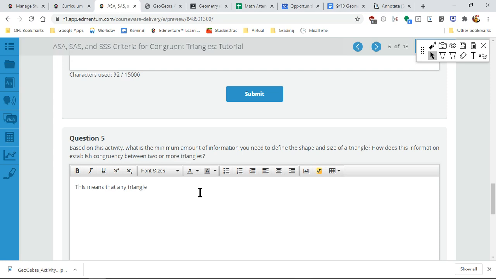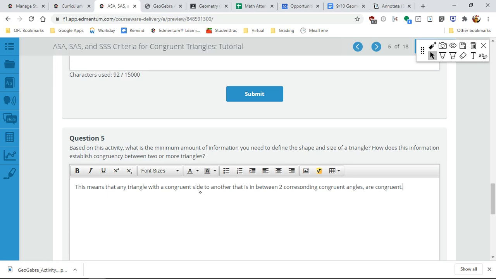This means that any triangle with a congruent side in between two corresponding congruent angles to another triangle are congruent. So this is a lot of words.